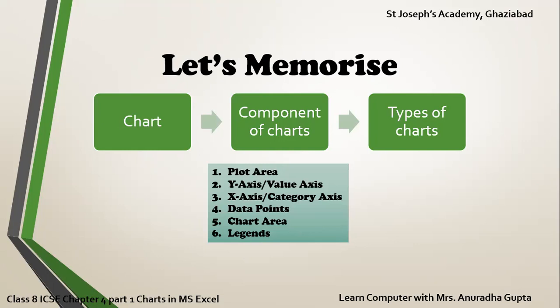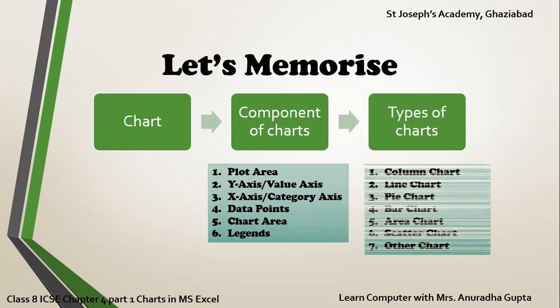Our third topic was type of charts. In type of charts, you have learned 7 different types of charts: column chart, line chart, pie chart, bar chart, area chart, scatter chart, and other chart.